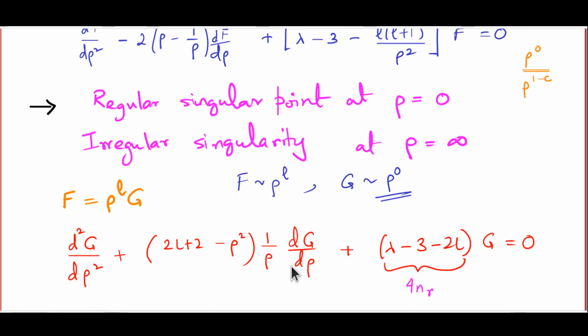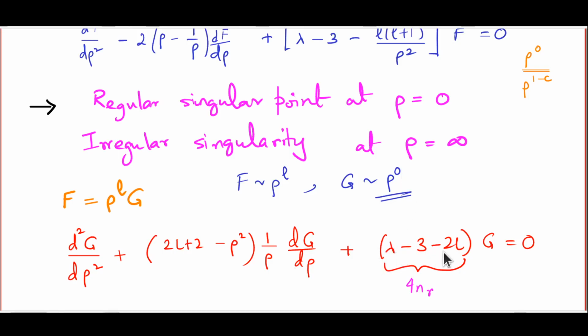This of course ends up looking substantially simpler than the original equation, especially because the L(L+1)/rho squared term, the dominant term at rho equal to 0 in the original equation, has gone away now. And that should be sort of obvious because what we have done is we have ensured that we get an equation now which behaves much more mildly at rho equal to 0 than the original capital F did.